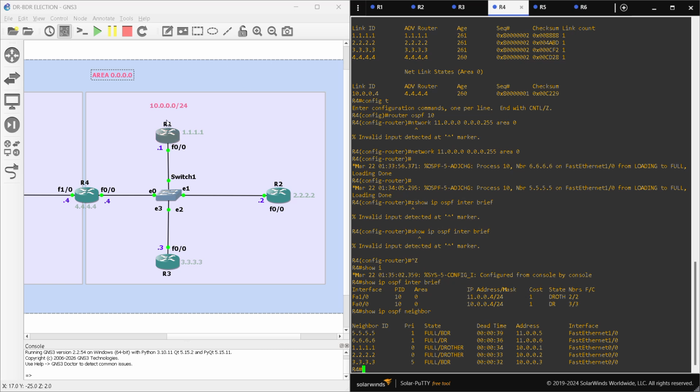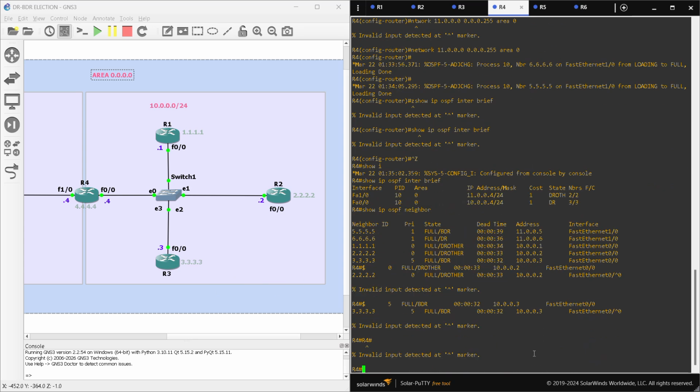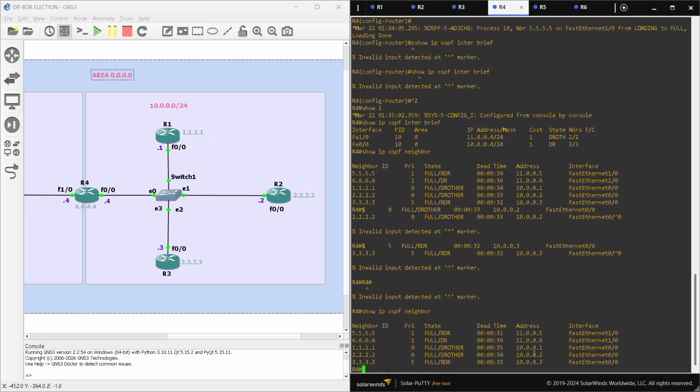So R1 and R2 are DR other, and R3 is BDR, as you can see, right? For network 10.0.0.0. For network 11.0.0.0, we have entries on FastEthernet 1/0, where R5 and R6, where R5 is BDR and R6 is DR, right? Yes.